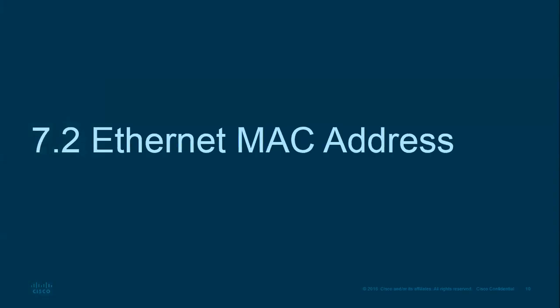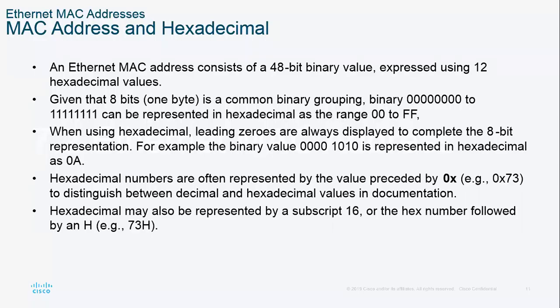In this section, we'll be dealing with the Ethernet MAC address. As per IEEE standards, where Ethernet is an IEEE standard, IEEE defines the physical address as being 48 bits, which divided by 8 gives 6 bytes.